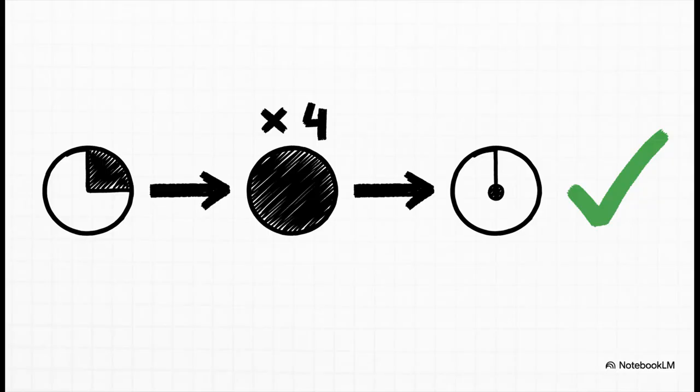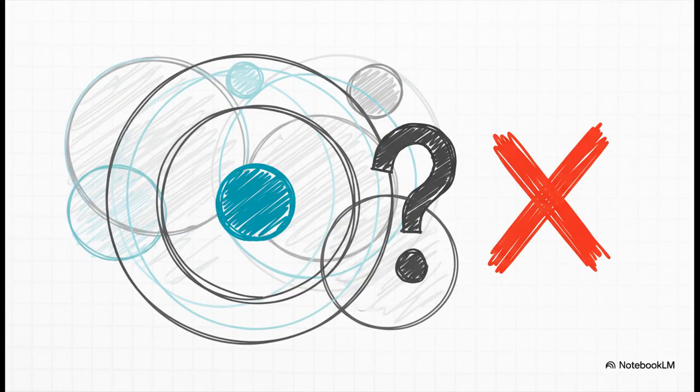So let's start with statement 1. If we know a quarter of the area, can we find the radius? Well, yeah, for sure. Just multiply that by 4 and you've got the total area. And you know, once you have the area of a circle, the formula pi r squared means you can definitely find one unique radius. So statement 1 works all by itself. It's sufficient. Okay, now for statement 2.